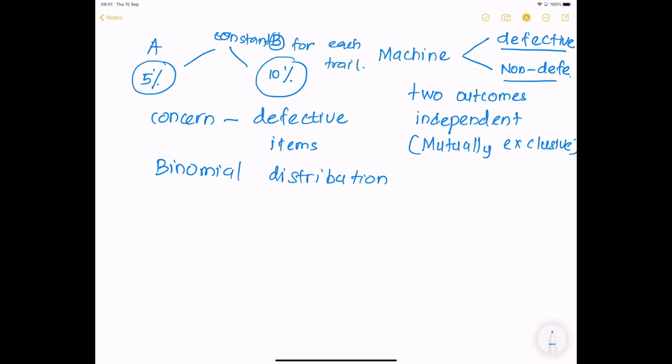So if those conditions are satisfied, we can use binomial distribution. This situation is a Bernoulli situation, and binomial is a special kind of Bernoulli situation. Therefore, we can use binomial distribution for solving this type of questions.